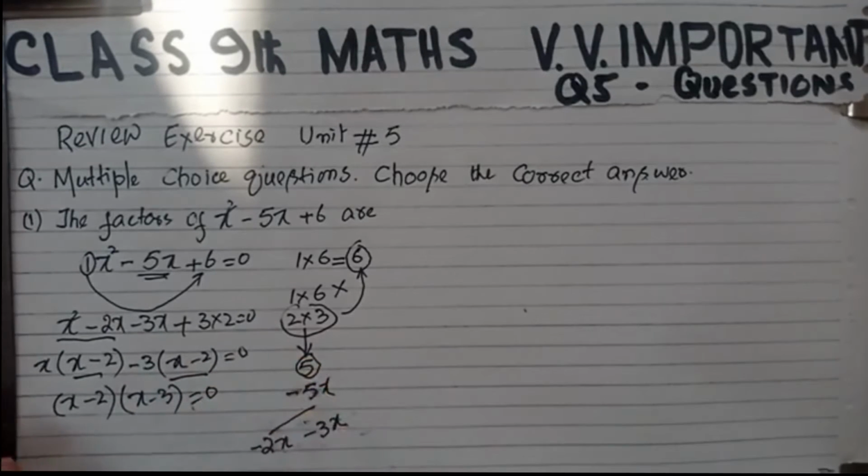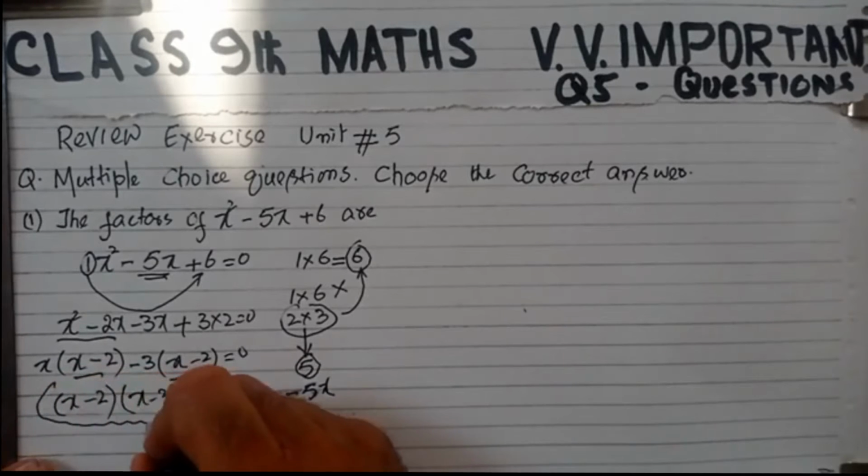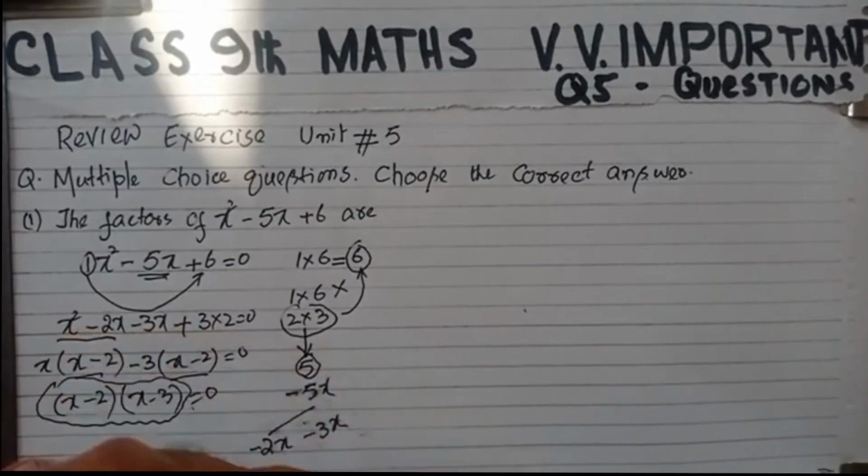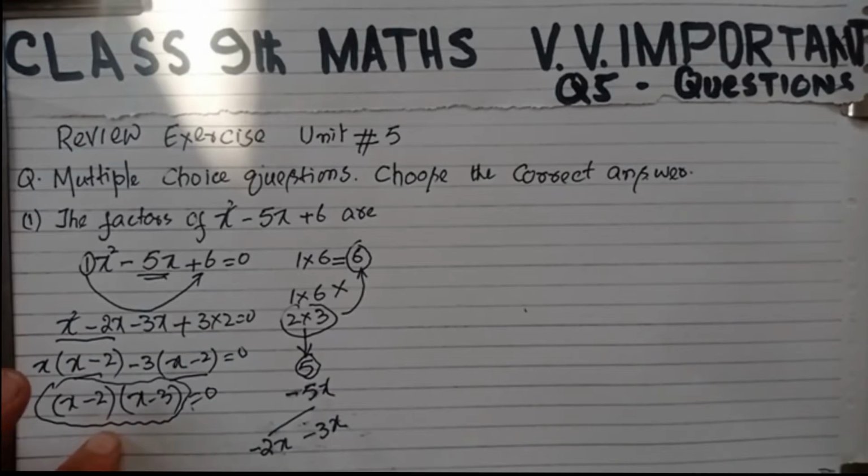So the answer x minus 2 and x minus 3 is correct. You will mark this one. I have solved this for your practice of the chapter on factorization.